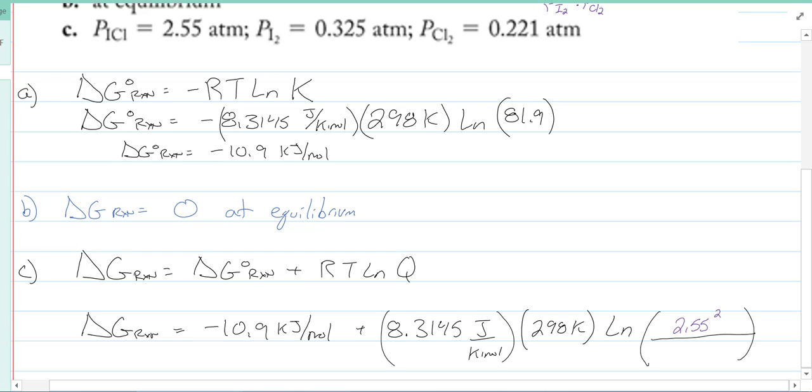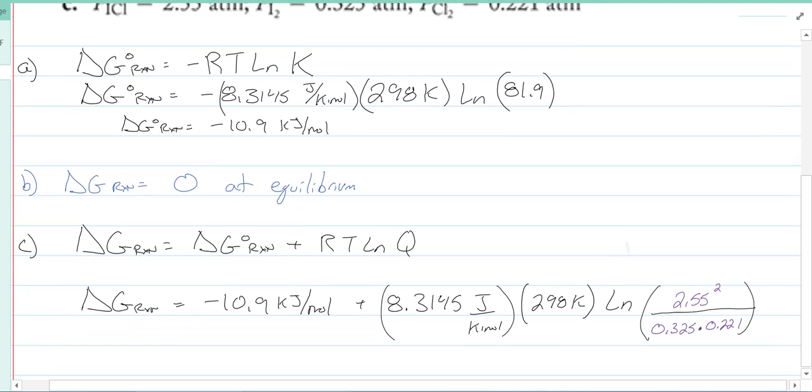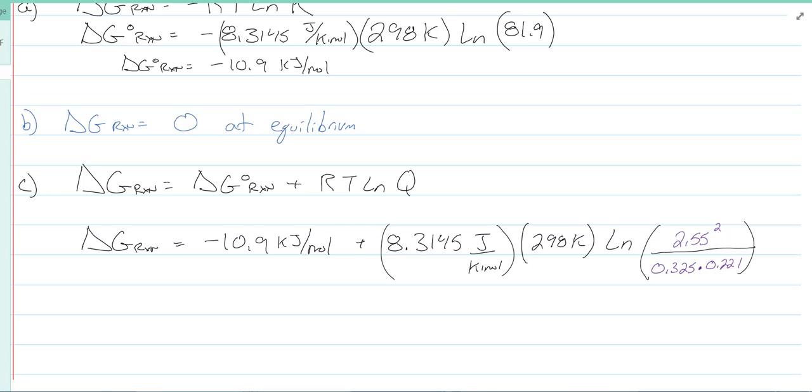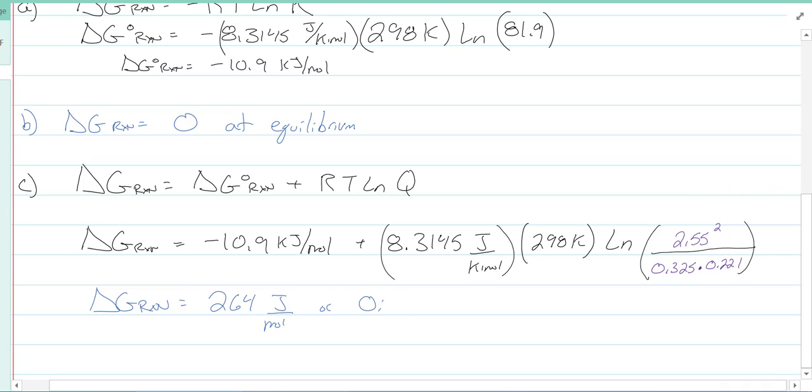Then I2 was 0.325, and Cl2 was 0.221. We do that math for delta G of my reaction. I get 264 joules per mole, or 0.264 kilojoules per mole. And that is where I get number 70.